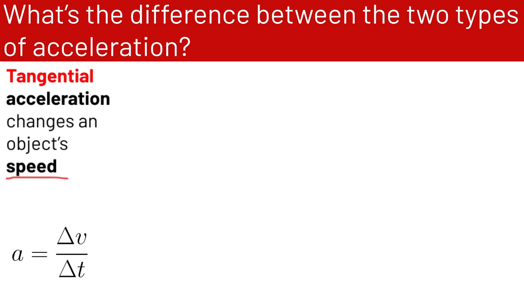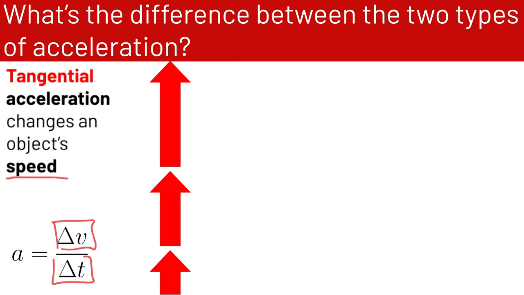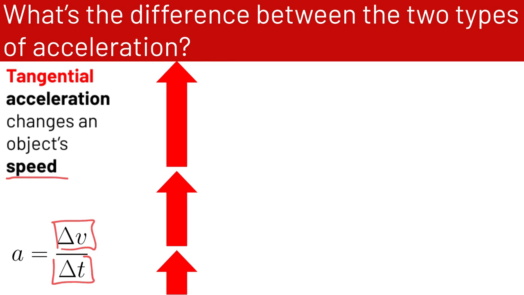So we have our acceleration is equal to change of velocity divided by change in time. So if you think about it graphically, we have an object that is speeding up over time, or the object is slowing down over time.